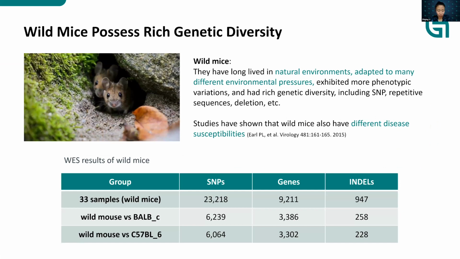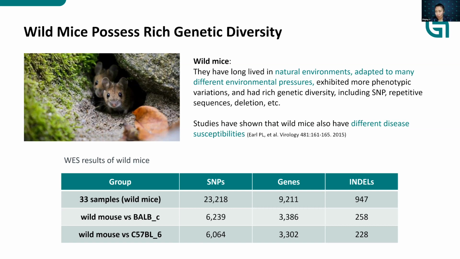So in line with this, we started to think about wild mice because they have been shown to have a lot higher genetic diversity. As you can see on my screen in the lower portion of the slide, the team did a whole exome sequencing analysis from 33 samples of wild mice.